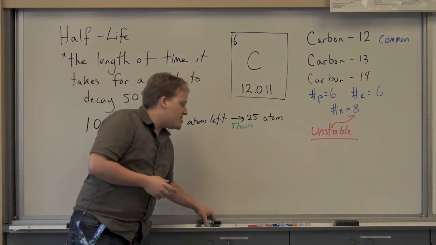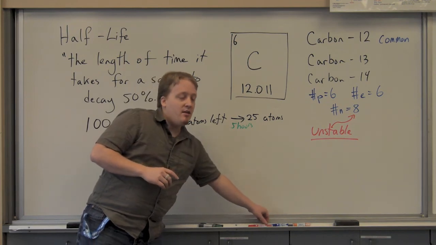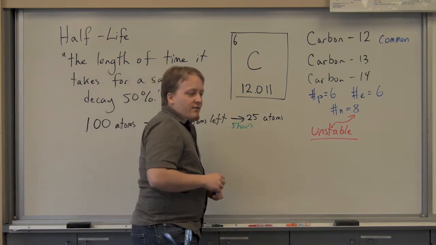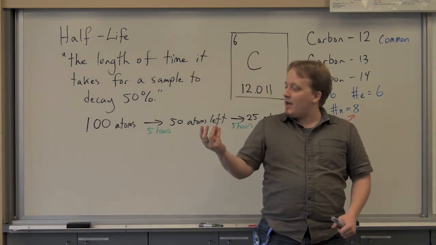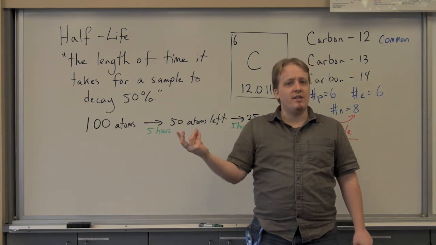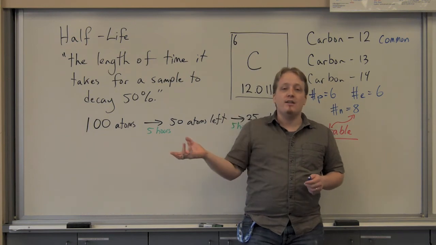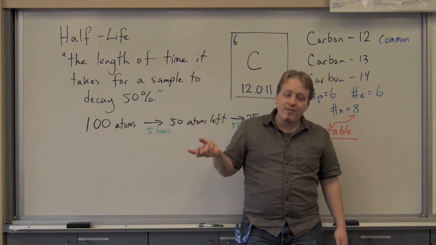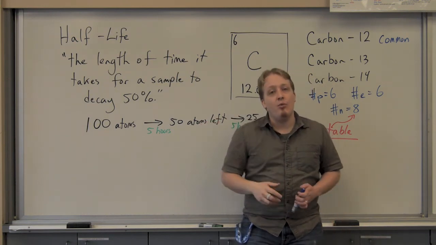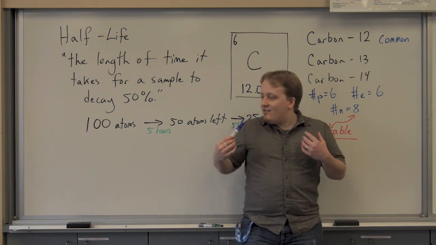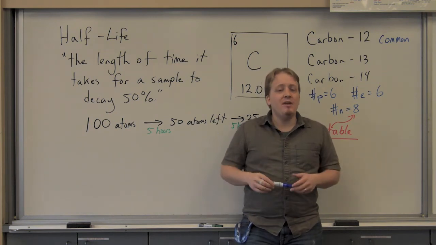There is a fundamental unpredictability for each atom. If you were able to look at a single atom and say, carbon-14, when are you going to break down? You could stare at that atom for 30 seconds and it would break down. Or you could stare at that atom for 5,000 years and still keep waiting. So individually, you can't tell.